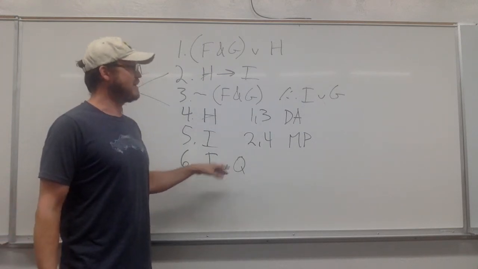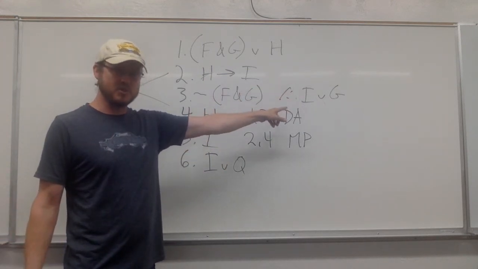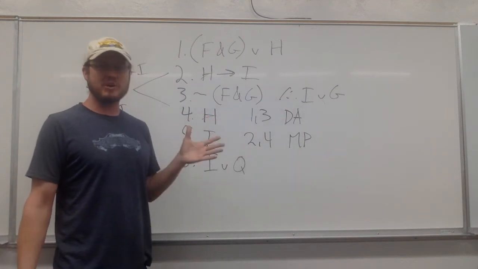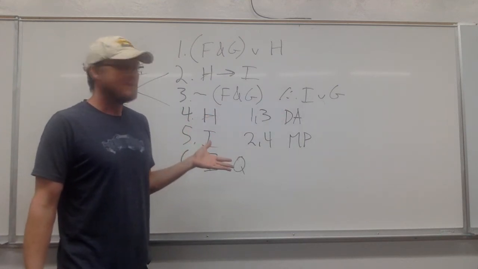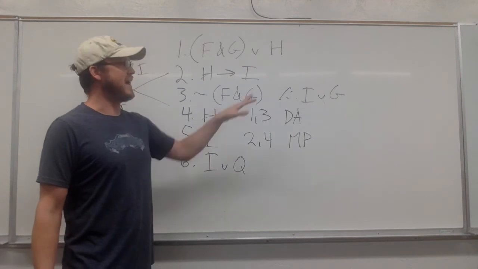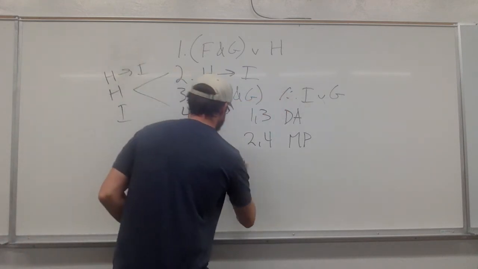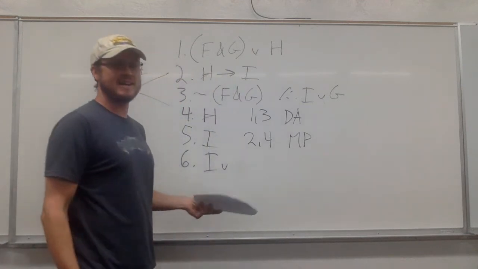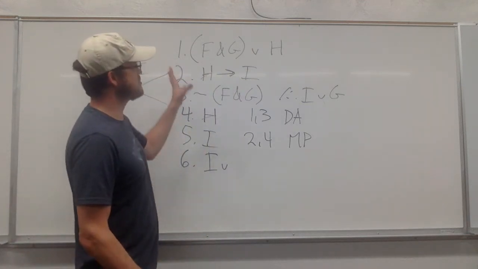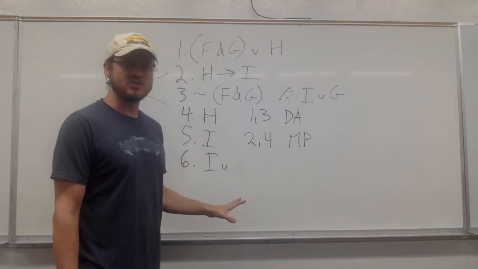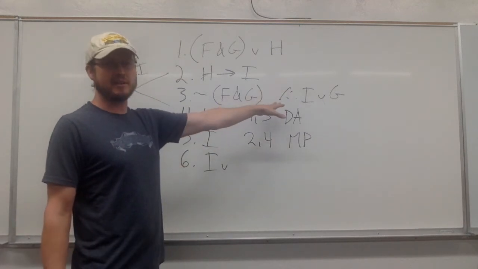The point is you're adding what you need to solve the solution, right? So you don't just add whatever you want. You could, but what you're adding is what's going to help you get to the conclusion, what's going to help you get the G. So that's why I add the G. I could add a Q, I could add an S, I could even add just a huge long statement if I wanted. I don't need to though, because I'm trying to solve for that conclusion.